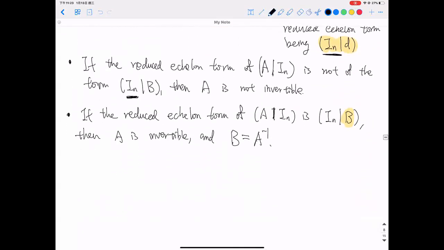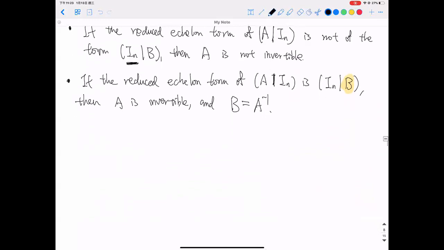So let's see how this works in practice. The amount of computation you're going to need in general is kind of huge, so we will do some well-prepared, simple, small size example. So the question is, is this matrix invertible?